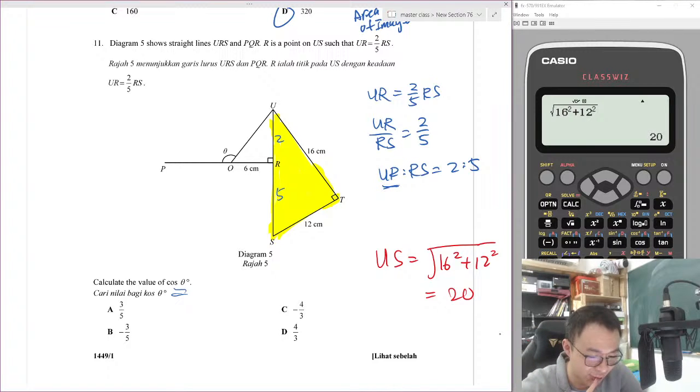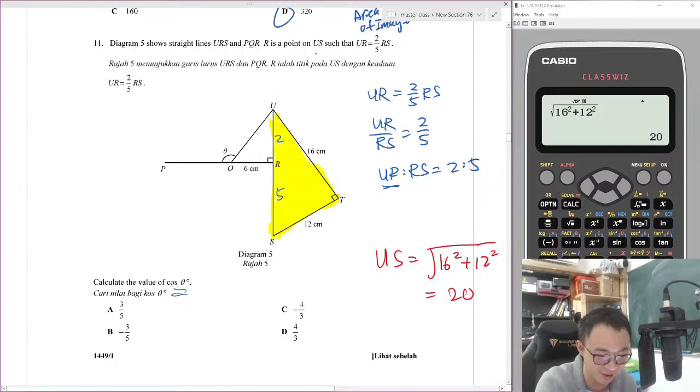I think it's 2 and 3, isn't it? I think this question gives wrong information, because 20 cannot be divided by 7. So let me change some information.